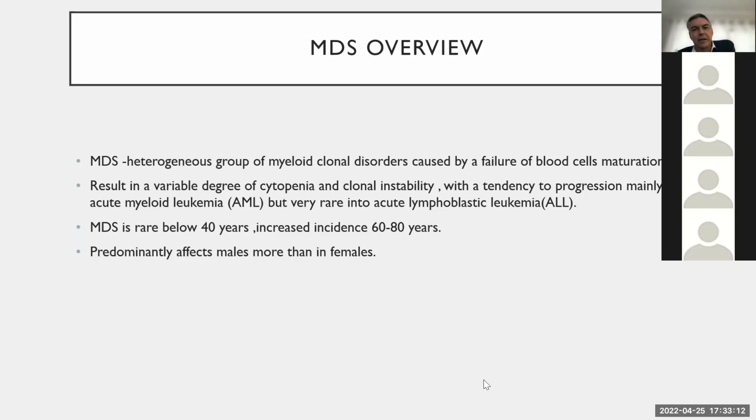But an interesting quote from Maurice Richter said that Auer rods occur in only one type of cell, myeloblasts, in only one part of the cell, cytoplasm, and possibly in only one disease, acute leukemia, which has obviously since been proven wrong because we now know that it can occur in myelodysplastic syndromes.